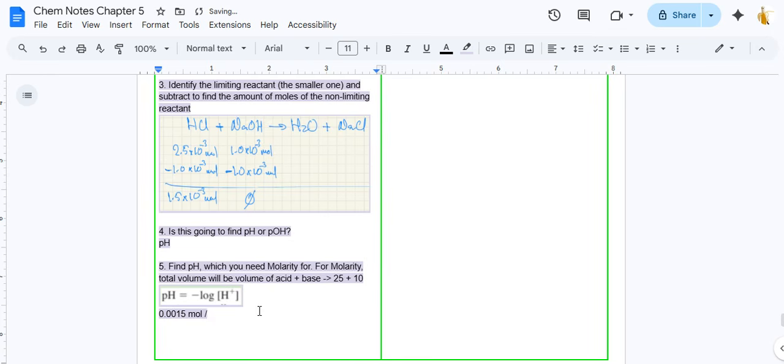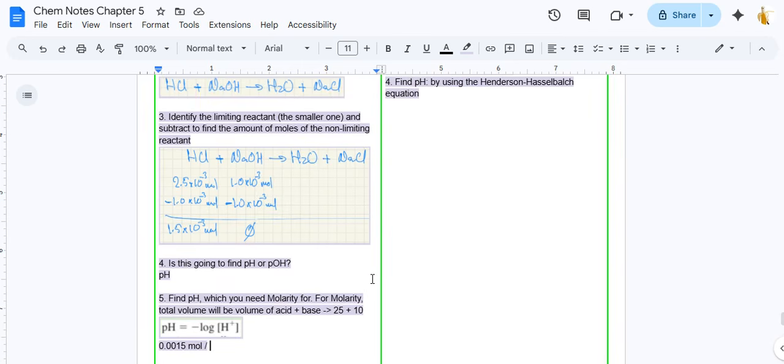So, and our liters here, we use the total amount of liters.